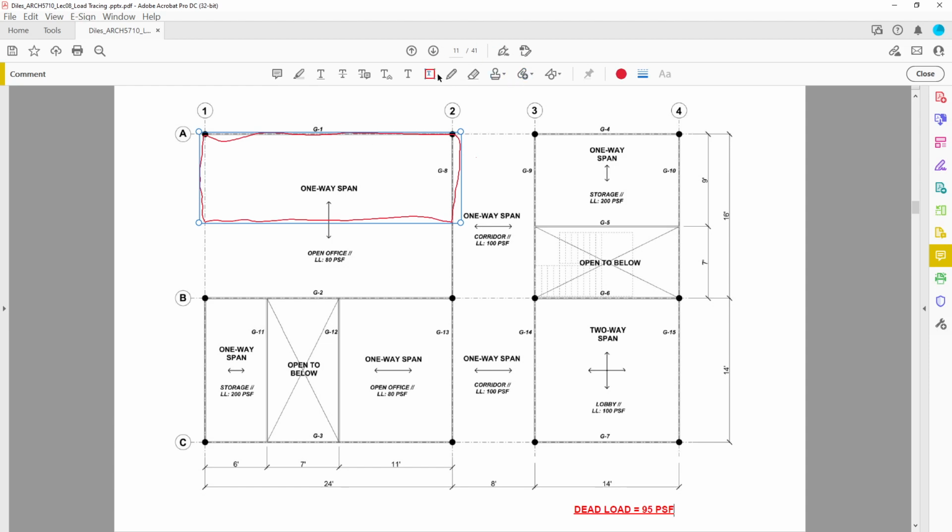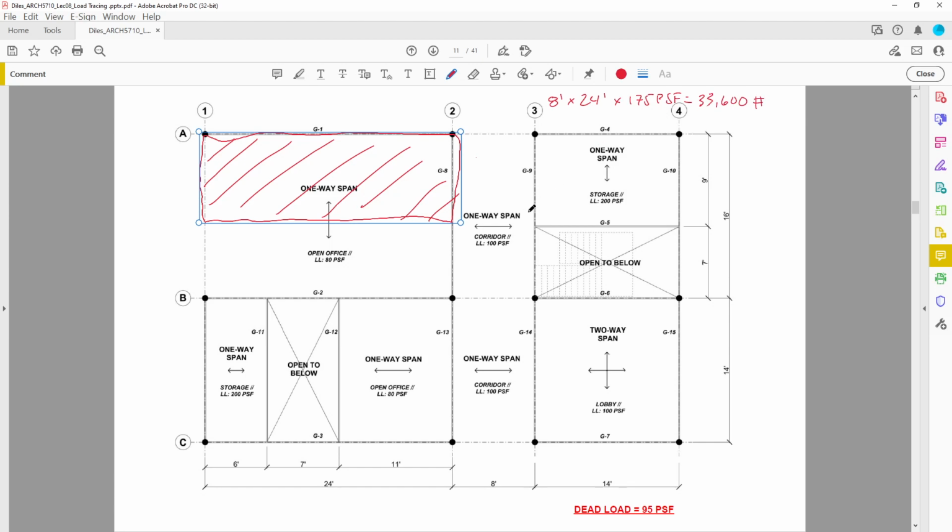If we do that calculation, it's 8 feet times 24 feet times 175 pounds per square foot for this zone. That is going to give us our 33,600 pounds.